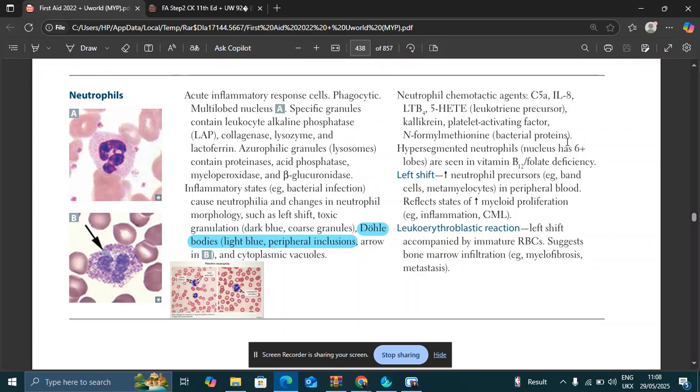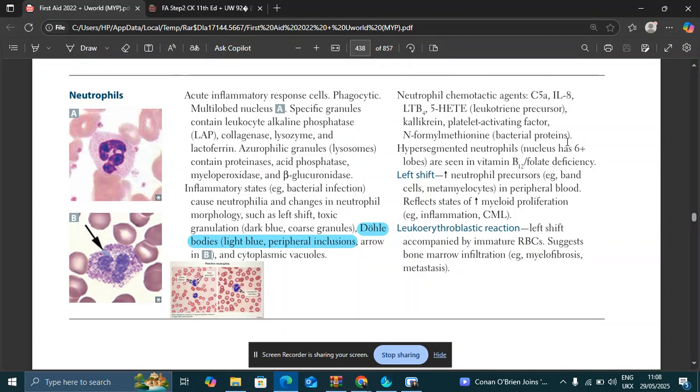Or it could be due to increased destruction of neutrophils, or it could be due to increased utilization of neutrophils in infections or any inflammatory condition. So these are the factors that could lead to neutropenia: decreased production, increased destruction, increased utilization, or migration away from the vascular space. Okay, these are the factors that could lead to neutropenia.